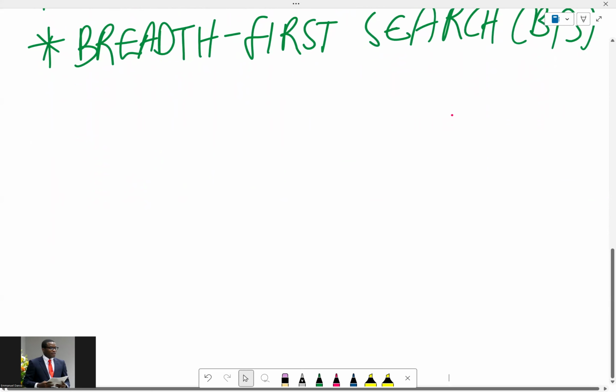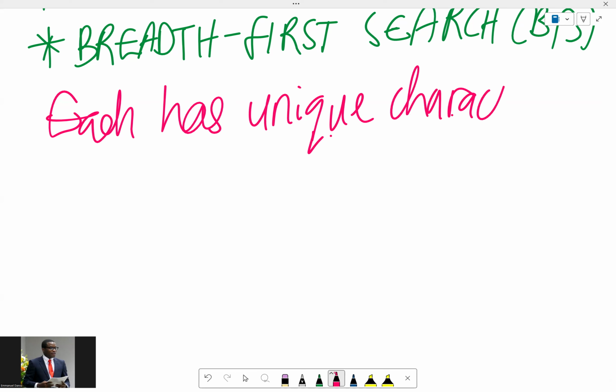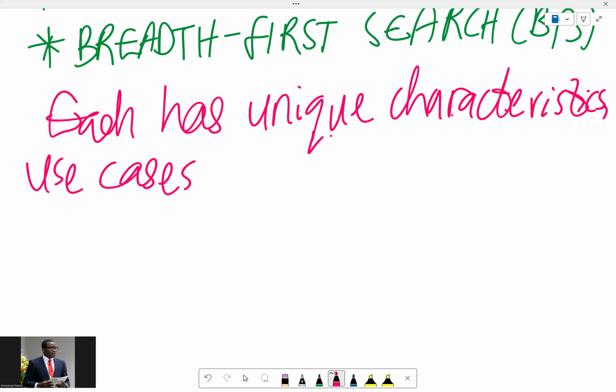Now, each of these has its unique characteristics. They also have their use cases and implementations.